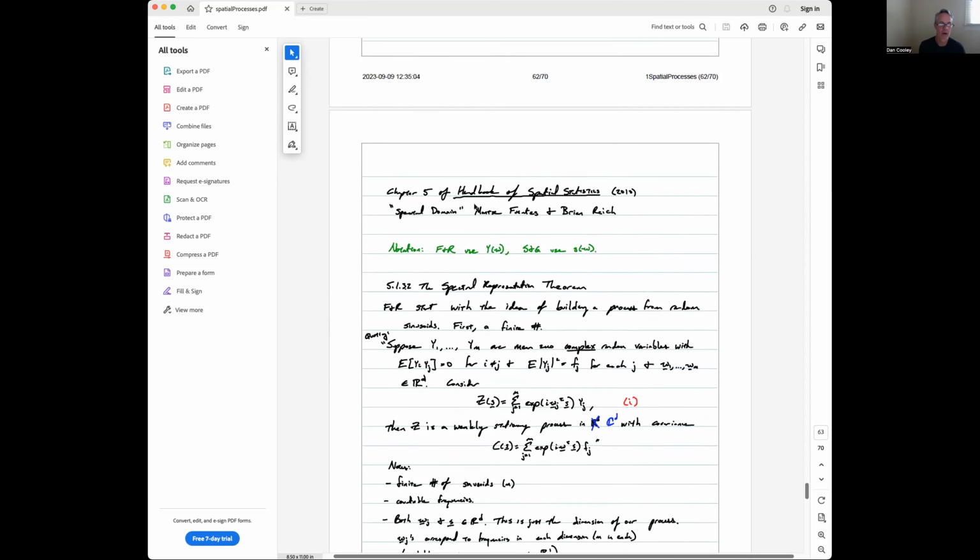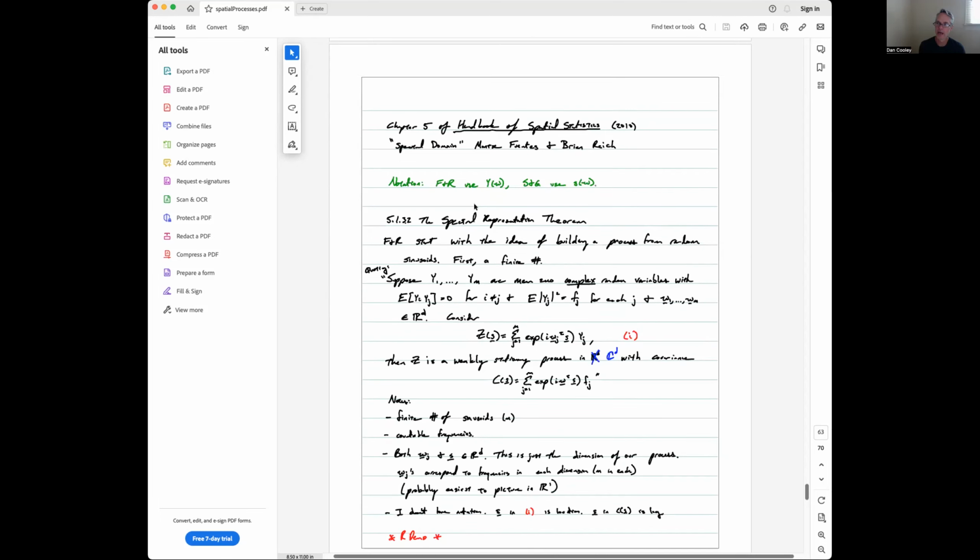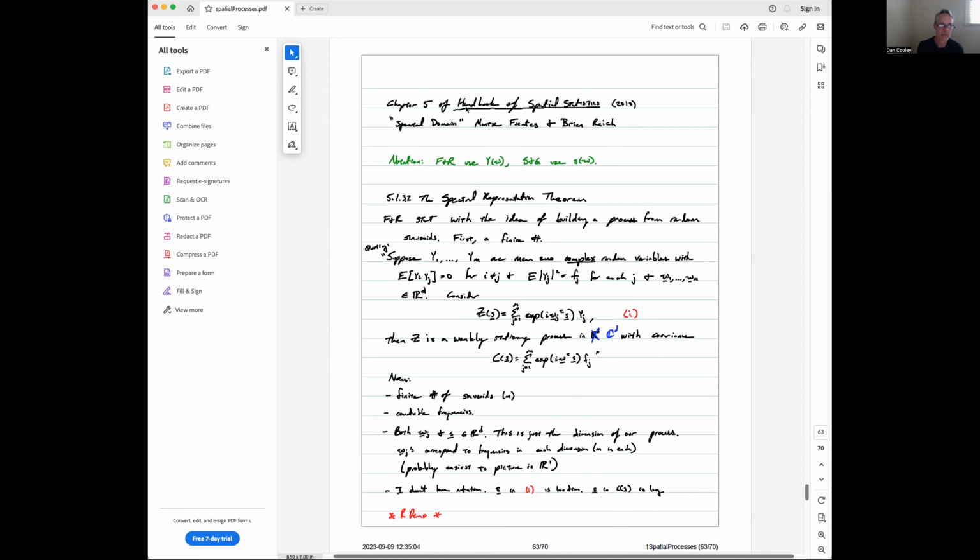Now, I'm not going to follow the Schabenberger and Gotway presentation. Instead, I'm going to pull from chapter 5 of this book that came out a decade or so ago, Handbook of Spatial Statistics. This is supposed to be a chapter which introduces the spectral domain. It's written by Montserrat Fuentes and Brian Reich. Brian is at NC State.